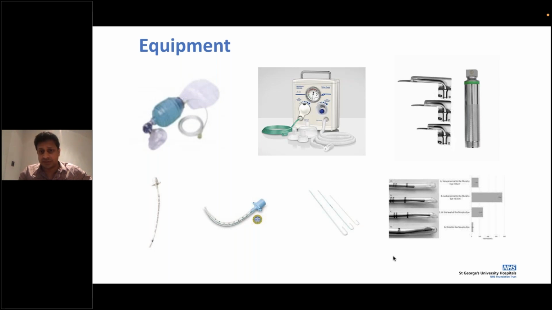If you look at the three pictures on the right lower quadrant, you have the stylet at different positions: right at the tip, just above the level of the Murphy's eye. Murphy's eye is just a small hole present on the side of the tip of the endotracheal tube, or well above the Murphy's eye.